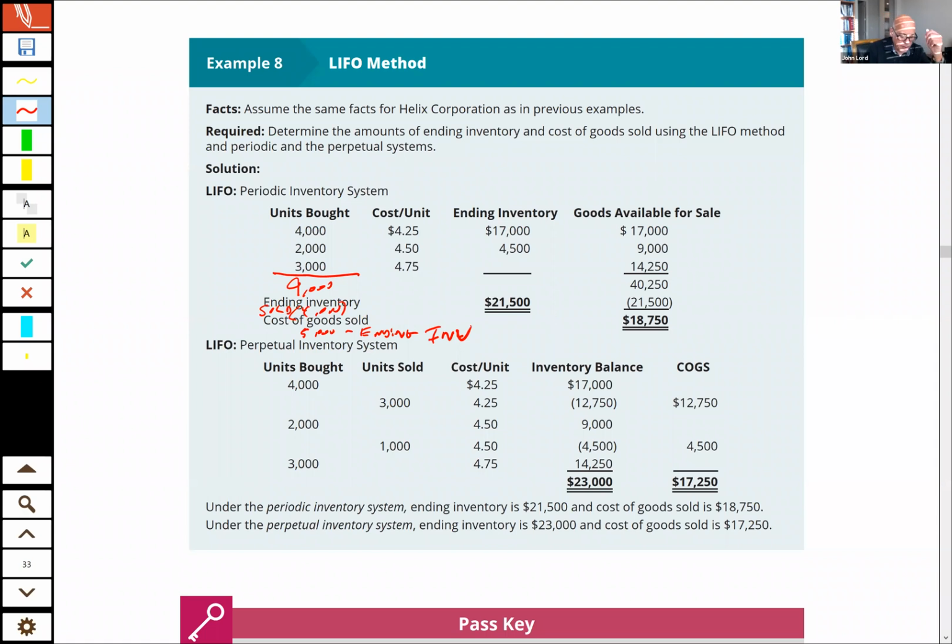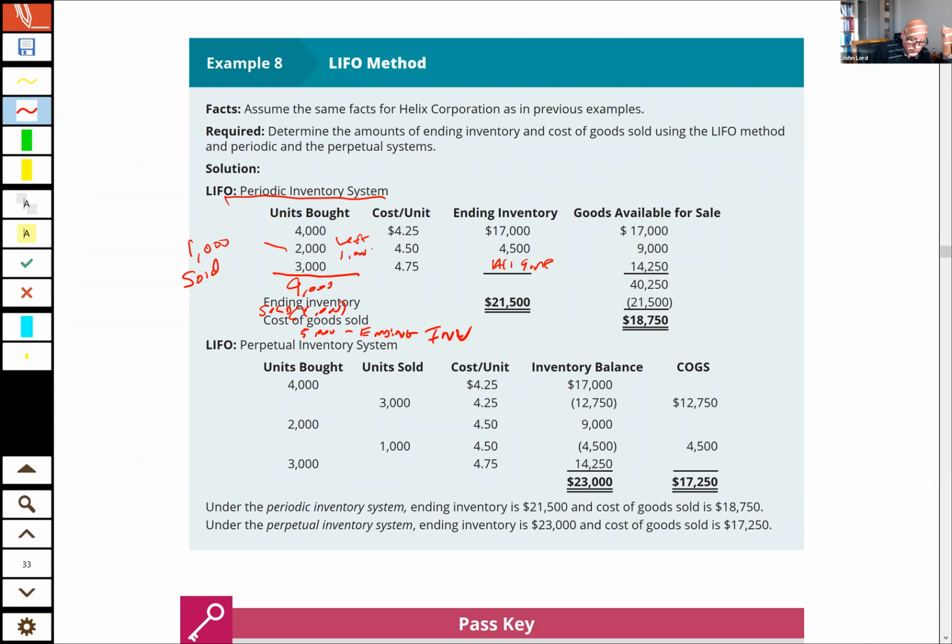Okay, good. Now what happens? They sold 4,000, right? But under last in, first out, looking at the periodic method first, all 3,000 of these are gone. They sold all of those. They needed to sell another 1,000 to bring them up to the 4,000 that are sold. And that means that left are 1,000.